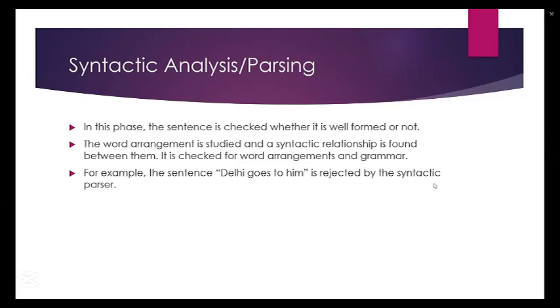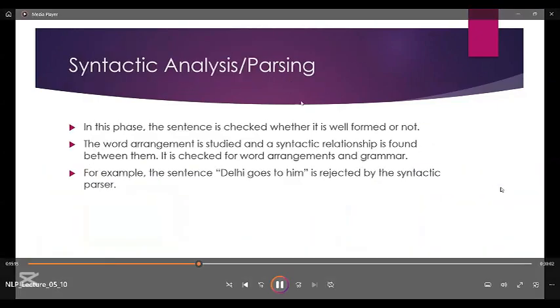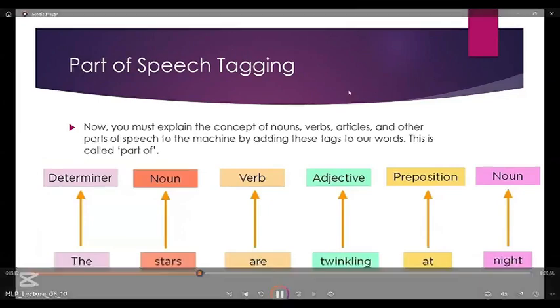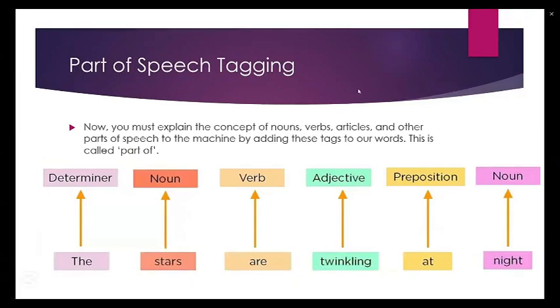This will be rejected because it doesn't have proper well-formedness. And if you look at this picture, you can see how during the process the sentence is split into smaller chunks.